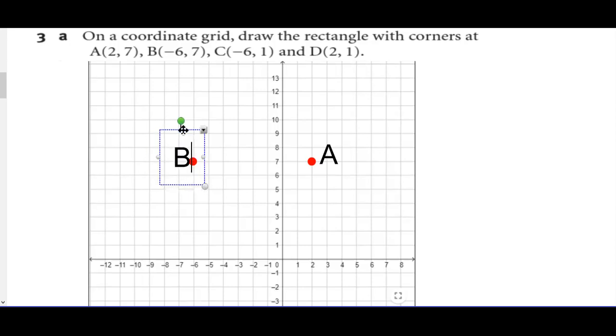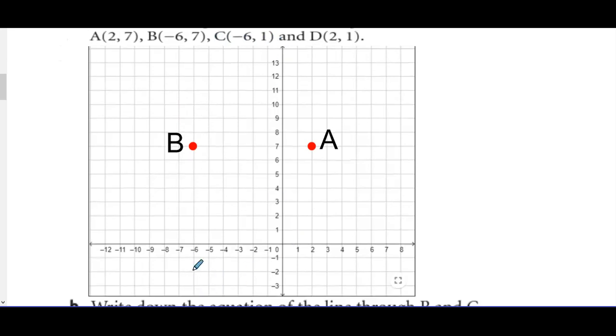So far, so good. We have that point over there. Then go ahead plotting the coordinates of point C. We have -6,1. We have -6 here, and 1. So -6,1 would be a point somewhere here.